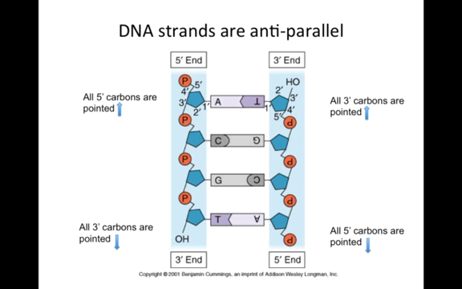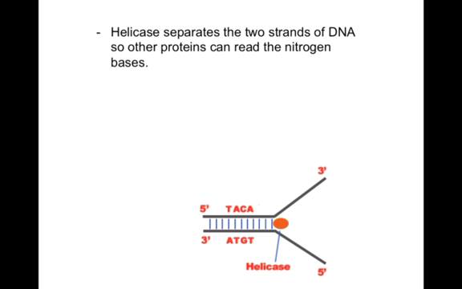So pretty much the first step in this process of DNA replication is an enzyme. The name of the enzyme is called helicase. Remember that whenever you see the ASE at the end, this means that it is an enzyme.